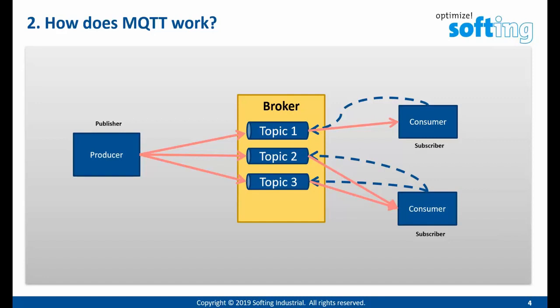There must always be a broker in between. The dataFEED OPC Suite, the software which we are using today, is representing the publisher, and the broker and subscriber are located in the Azure cloud.